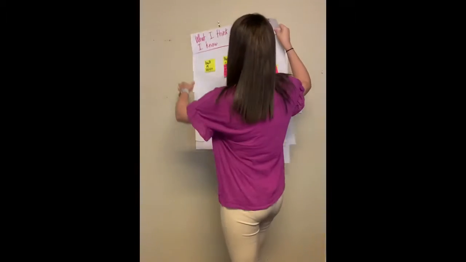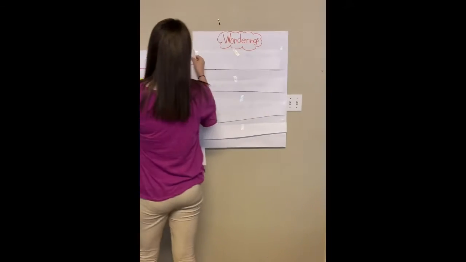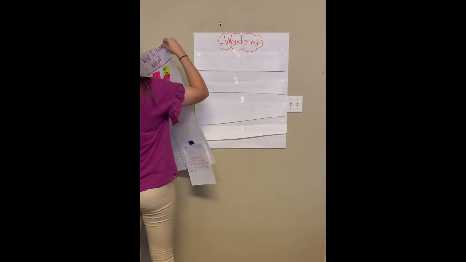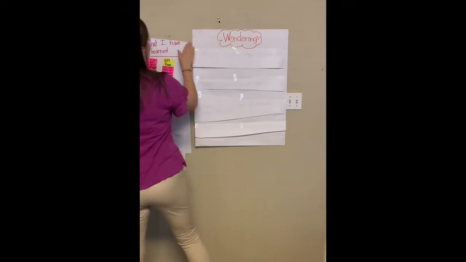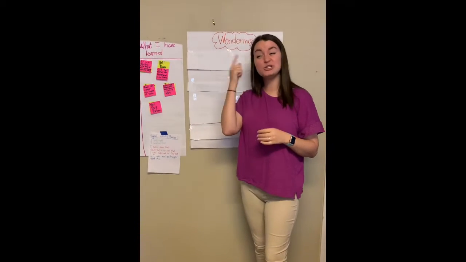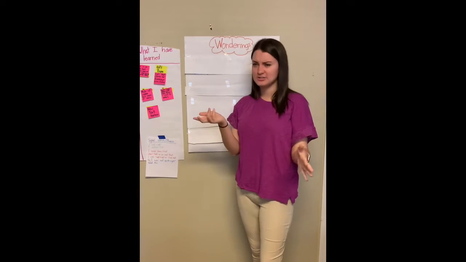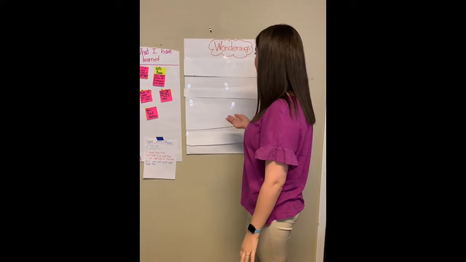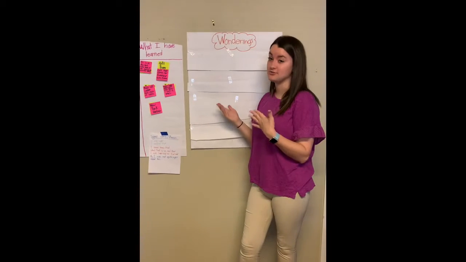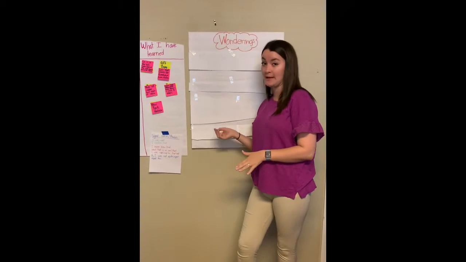So, today we are going to be dealing with some wanderings. And wanderings are things that we just want to know, some things that we have questions about. Now on my wanderings chart, I want you to notice I have little flags.